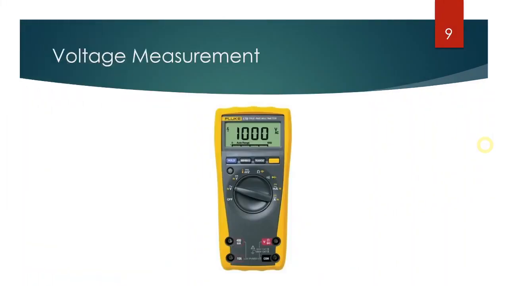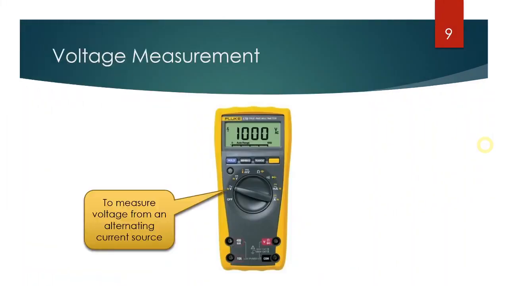Let's look at how we would measure voltage. First, we know that there are 2 different types of electricity: alternating current and direct current. So we need to make sure that we're selecting the right setting when we turn our meters on here. Now it kind of makes sense. The V stands for voltage, and then the squiggly line over the top is meant to depict a sine wave, which is alternating current.